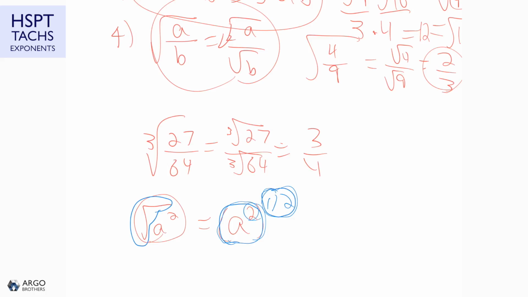So 2 times 1/2 is just 1, so this is the same thing as a to the first power, which is a. And that's why the radical a squared equals a. Okay, and we'll go over this in more detail later on. But you have the basics down now, which is great. So we'll move on to a challenge question next.